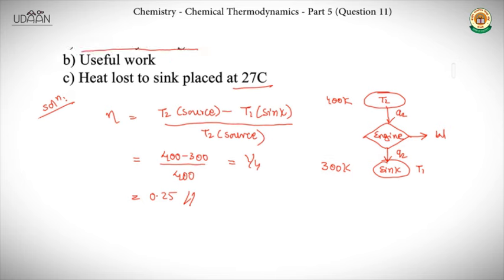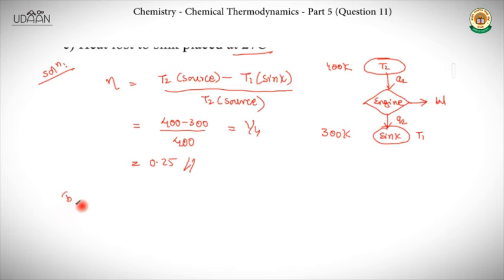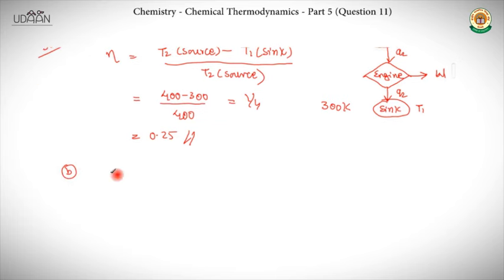Next, part B. They're asking about useful work. So, come to the basic definition of efficiency. What is efficiency? It is how much work we are extracting from the system and how much energy we are giving to the system.